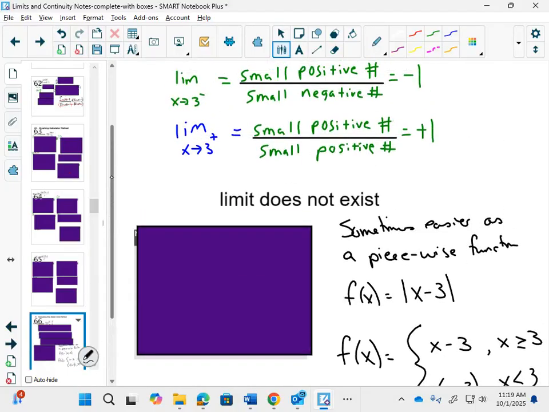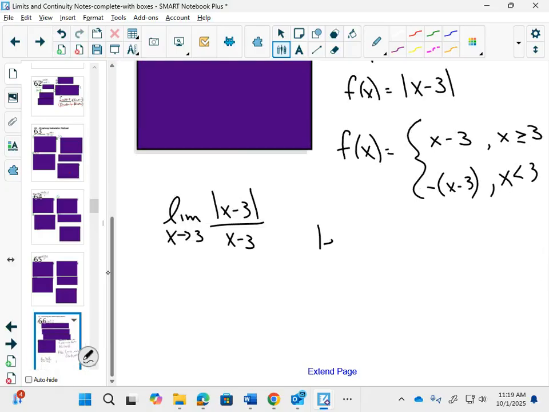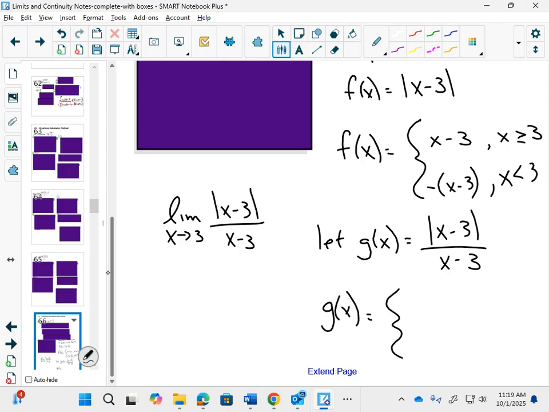Now look at the question that we were dealing with. We are dealing with the limit as x goes to 3 of absolute value of x minus 3 over x minus 3. I'm going to let g of x equal this, and I'm going to rewrite g of x as a piecewise function.